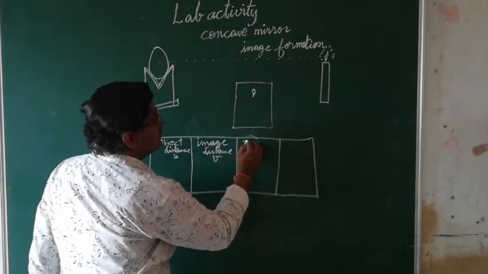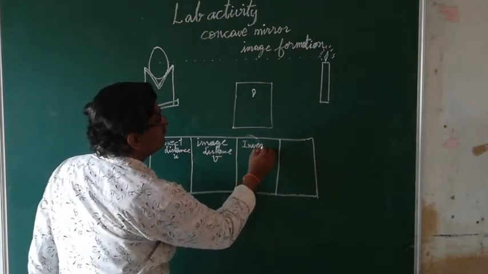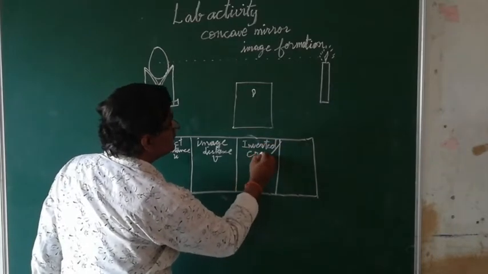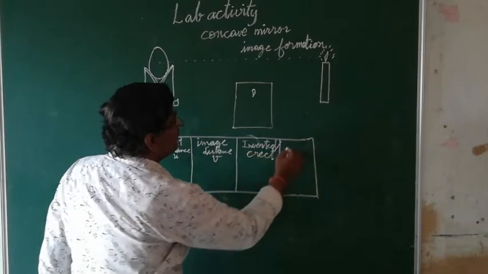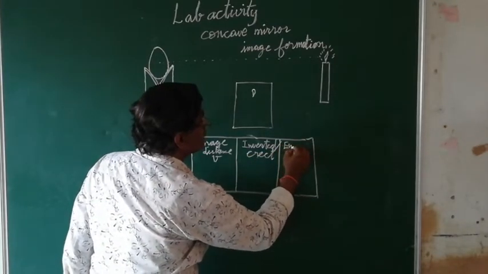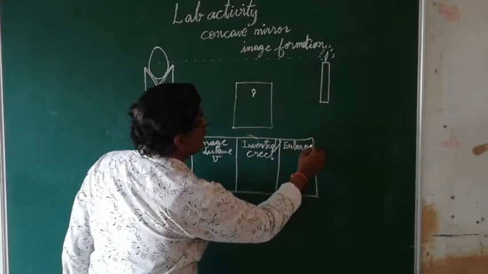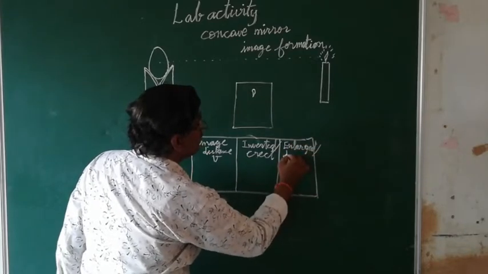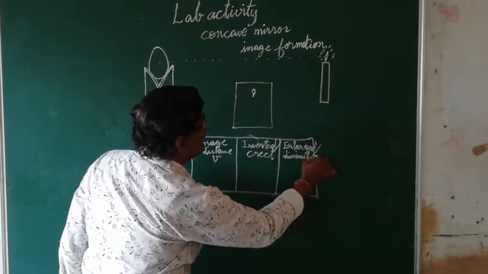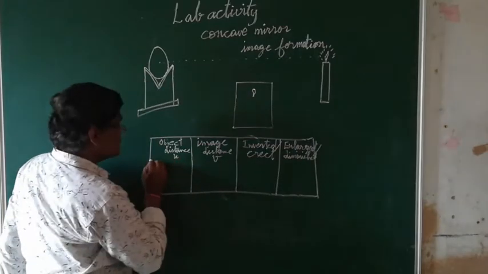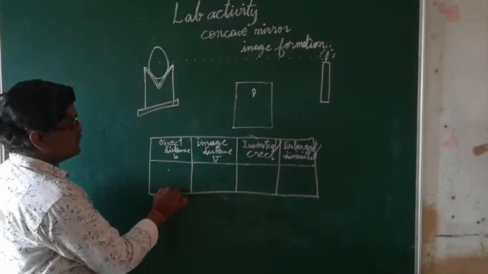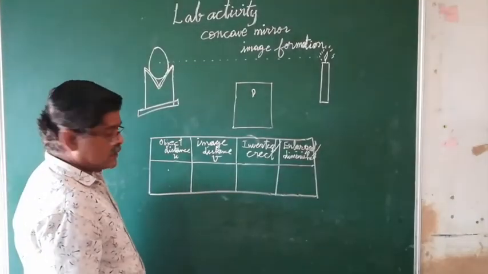It may be inverted or erect. It may be enlarged or diminished. These characters and these distances we can measure and tabulate in each position.